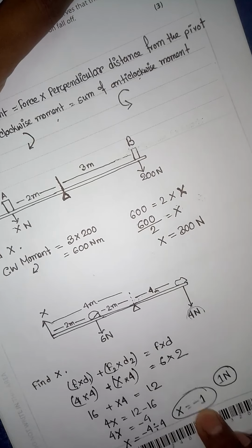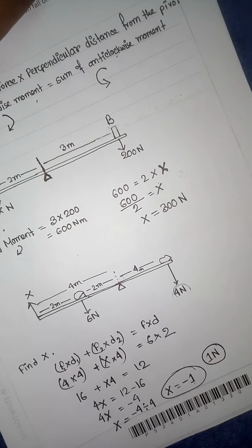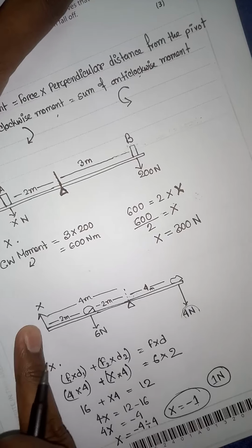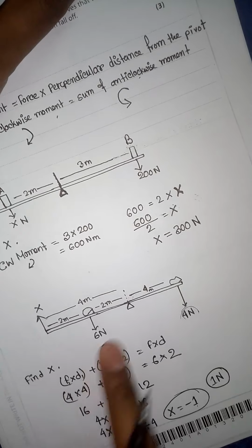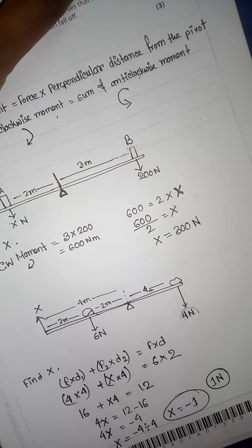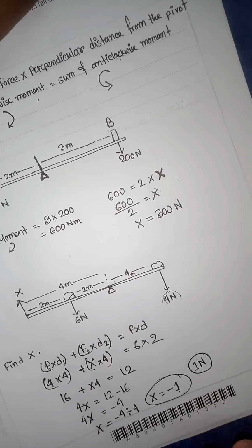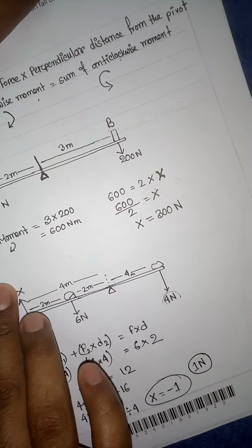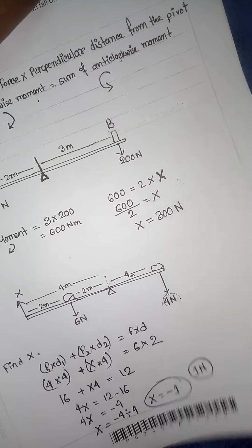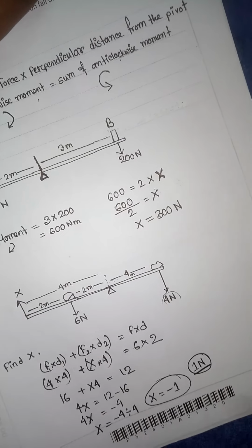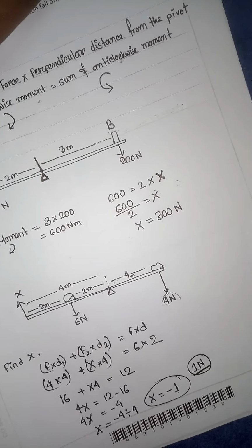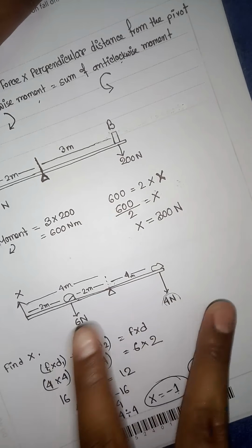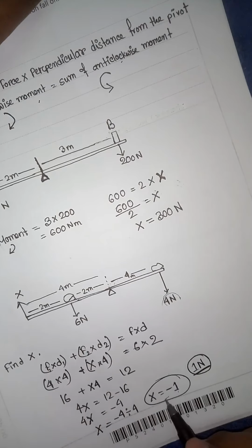Don't bother about the minus, because minus 1 is the upward direction. This is acting upward and this is acting downward, so the directions are not the same. Minus 1 Newton is the only extra force needed to make it balanced. So x equals minus 1.